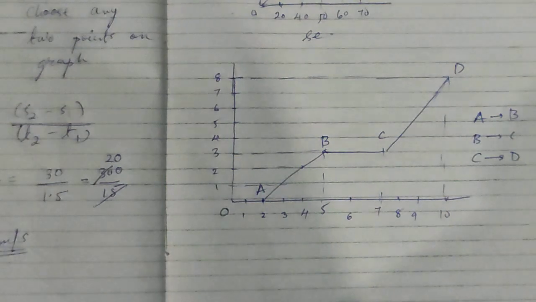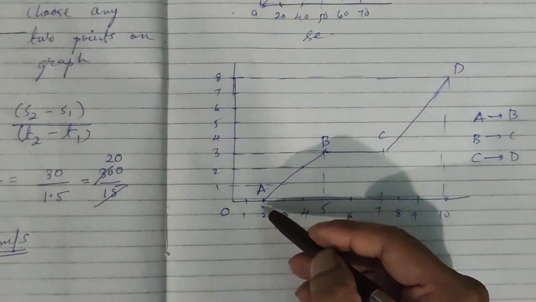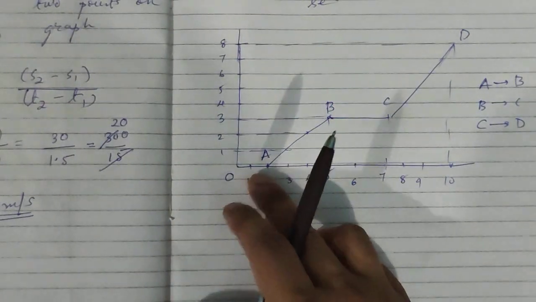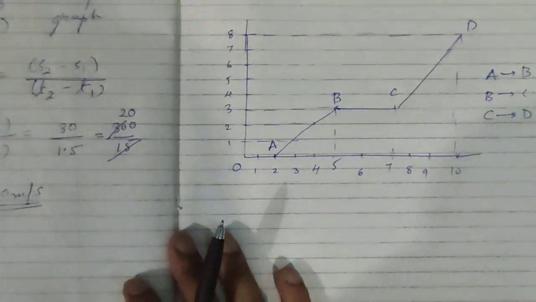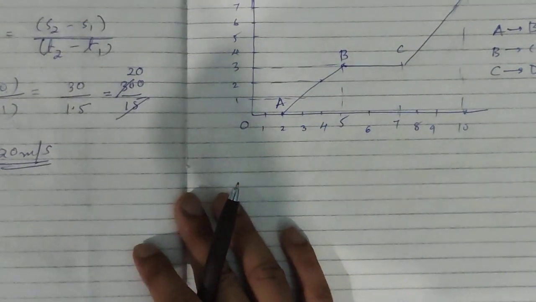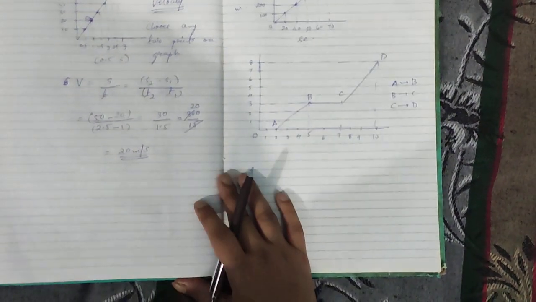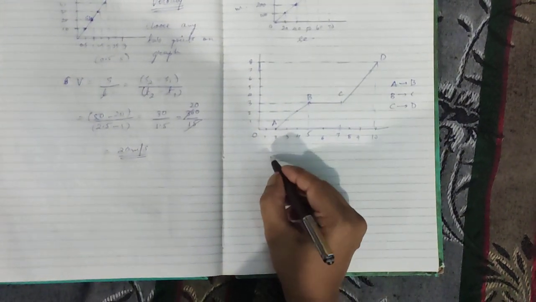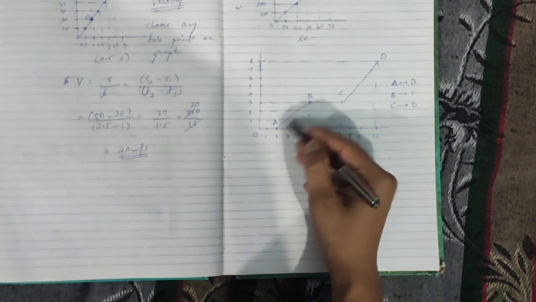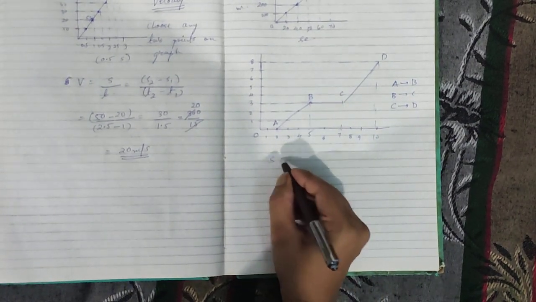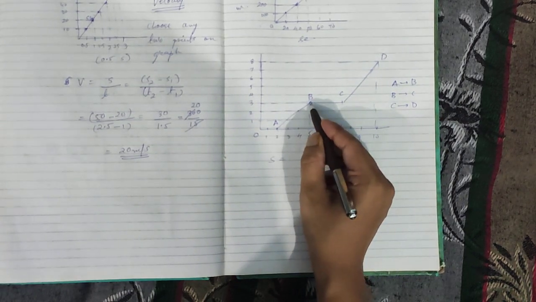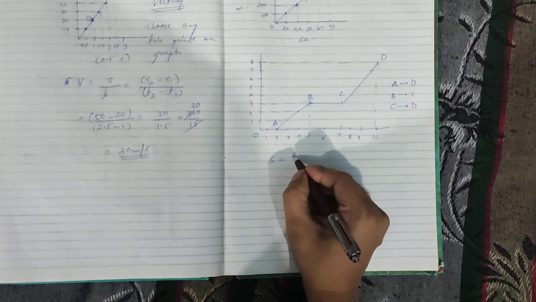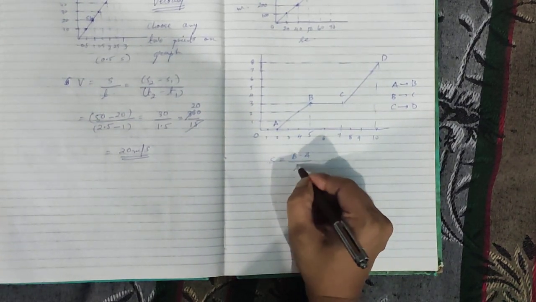So we have to find speeds for the object at these different intervals. So points have already been given to you, and you need to find the speed. So in the first case, what you have to do is find the speed between these 2 points. Again the same formula, so speed is distance traveled upon time taken. So this is the final point and this is the initial point, so we will write B minus A upon time taken.